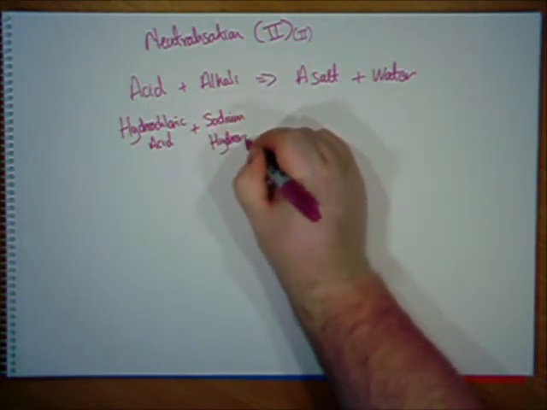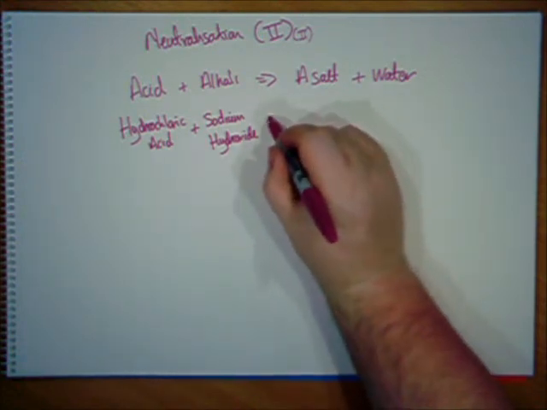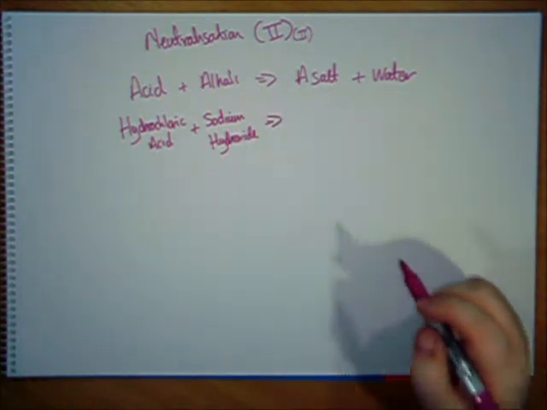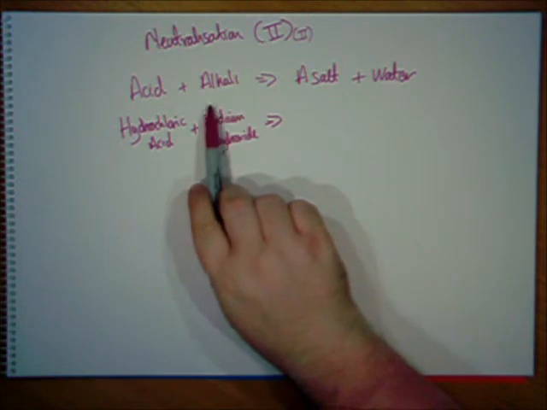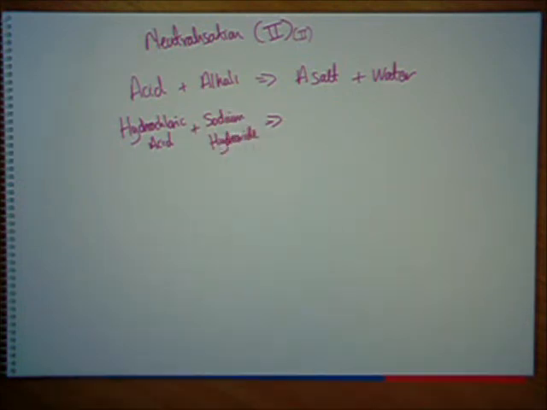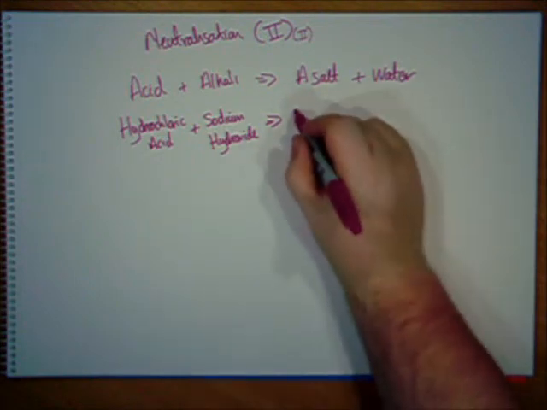Now that's a common laboratory alkali that you'll have used in practicals at school. Again, we can work out what the name of the salt's going to be, because hydrochloric acid makes chlorides, so it's going to be something chloride, and the something comes from the metal that's in the alkali, so it's going to be sodium chloride.